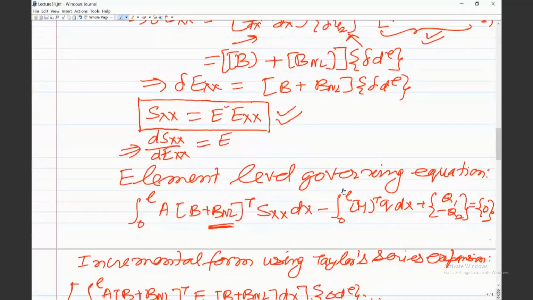That is what we actually use, although you could say some E dash, because this refers to the reference configuration. But most of the time we end up using the same Young's modulus which we get from the uniaxial test, so that is why I said it as E. And if you have a nonlinear elastic material, let's say hyperelastic, then this will be the derivative of the strain energy density function with respect to Exx.